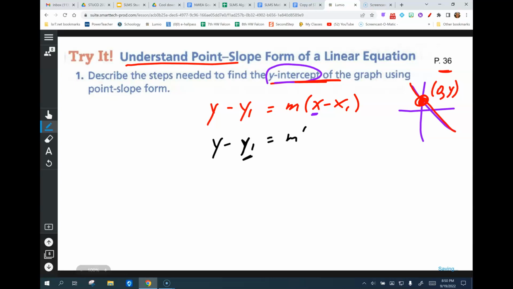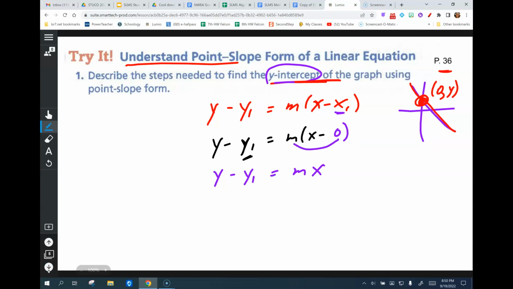Then I have slope times x minus x sub 1. Sorry, I plugged it in the wrong x. That x just hangs out there. That is just an x. I'm going to plug it in for my x coordinate of my point. Then I just simplify this and I have y minus y sub 1 is equal to slope times x, because if I take slope times 0, I just get 0.